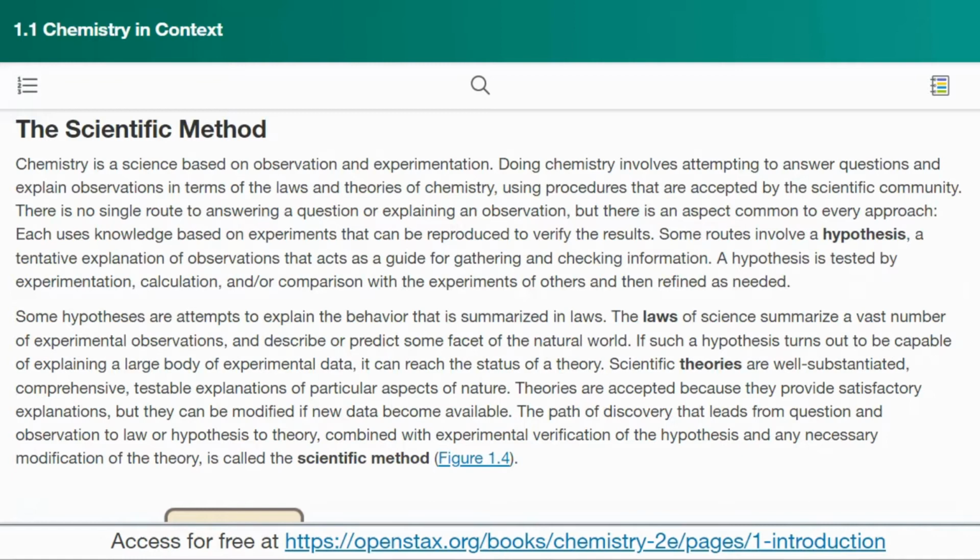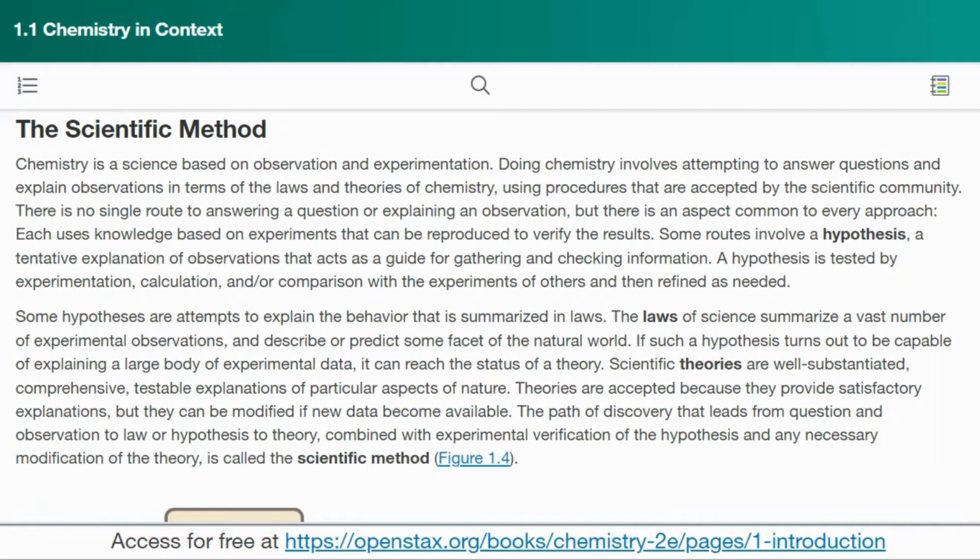The laws of science summarize a vast number of experimental observations and describe or predict some facet of the natural world. If such a hypothesis turns out to be capable of explaining a large body of experimental data, it can reach the status of a theory.